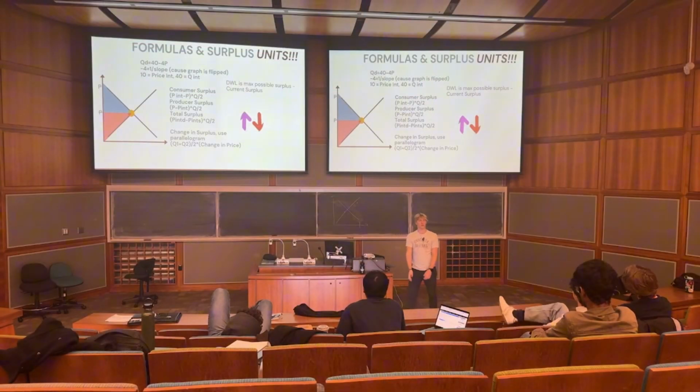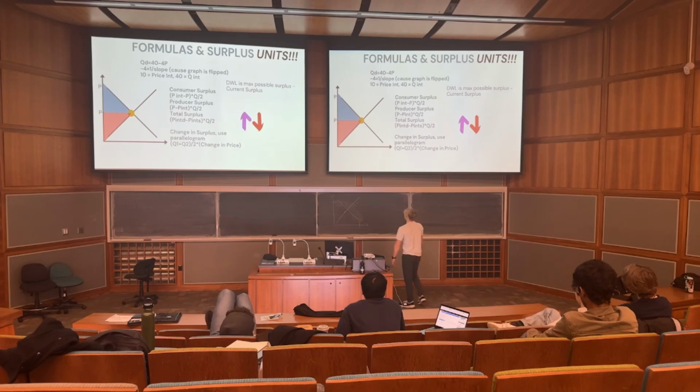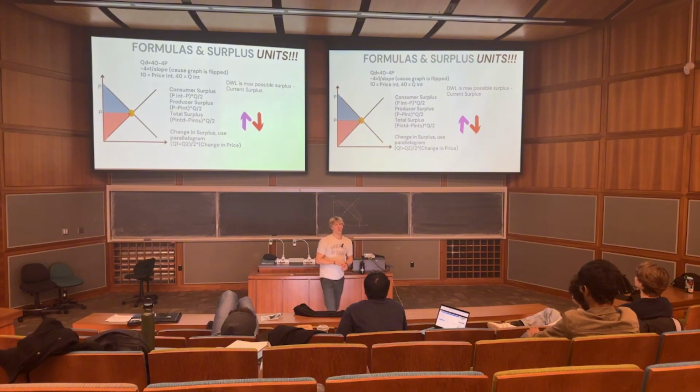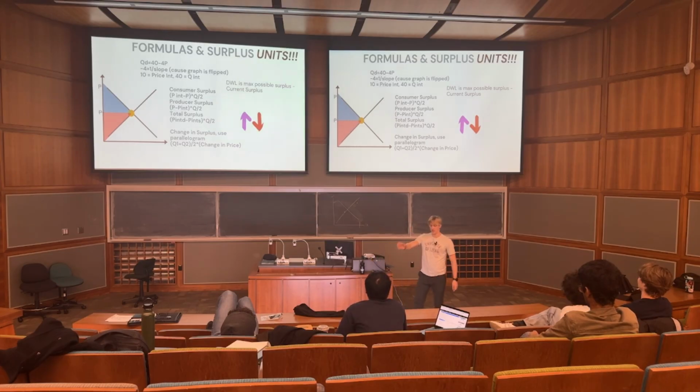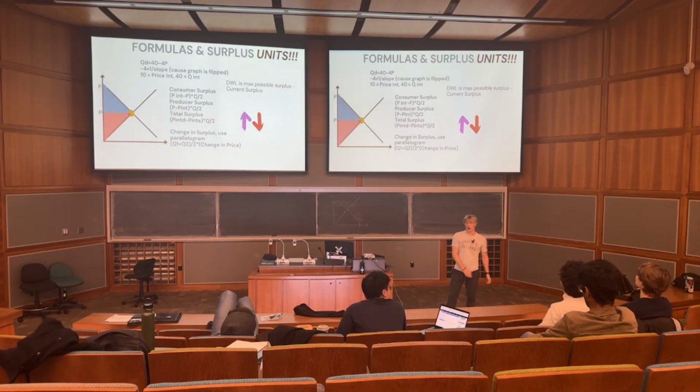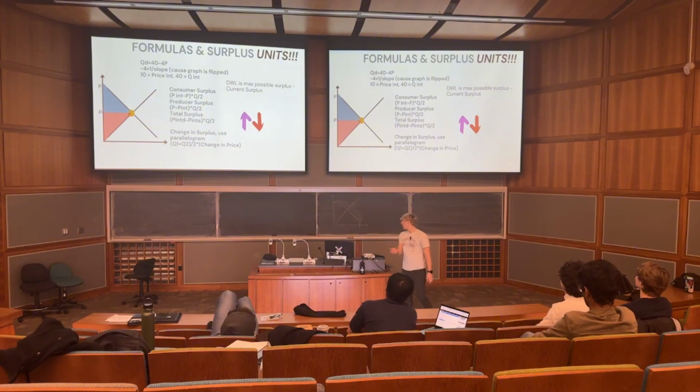Now, a helpful thing to calculate is the price intercept. Basically, you just set quantity demanded equal to 0, also known as the choke price, or the quantity intercept, basically where price equals 0, what quantity demanded is, and that'll help you calculate surplus. Then there are a few different ways of going about surplus.